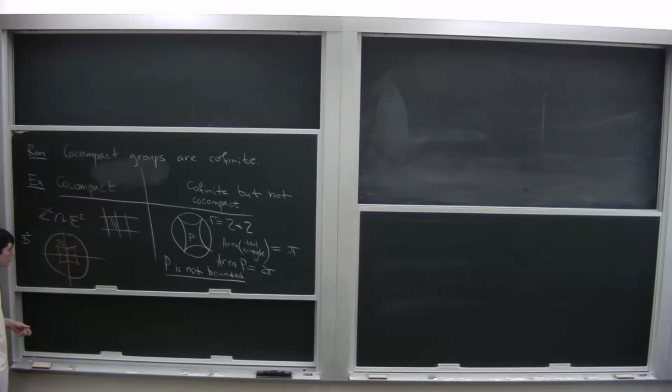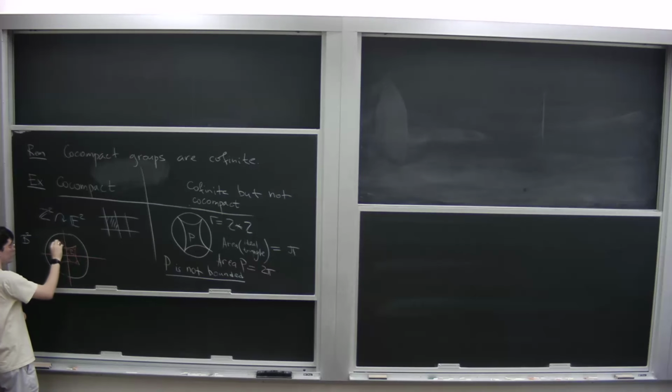And here I have angles pi over 2 all the way around this foregon. And I'm taking now the reflection group generated by these.